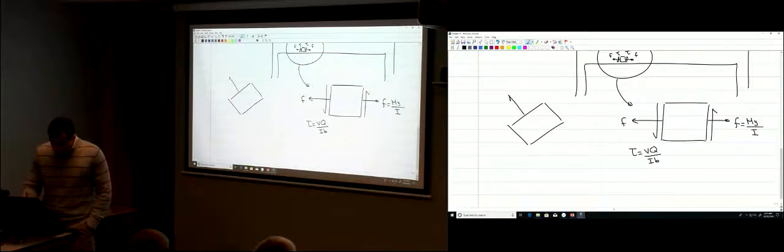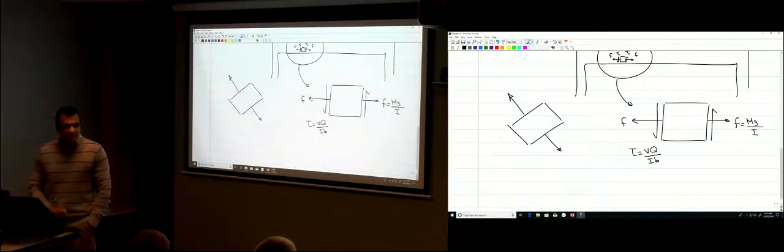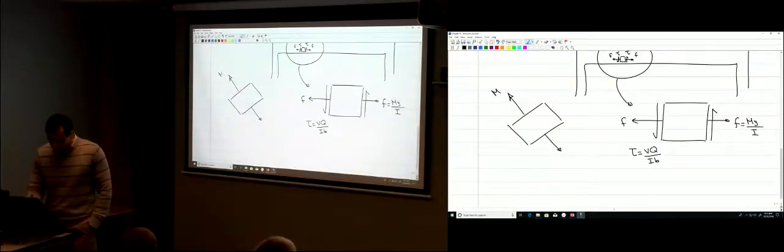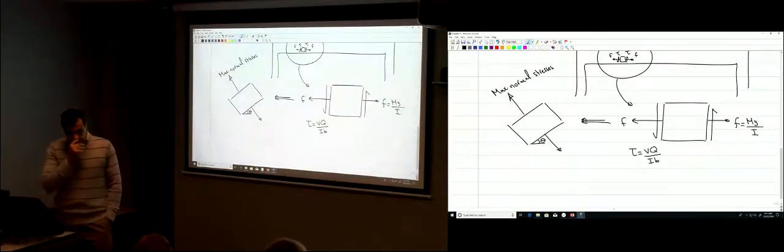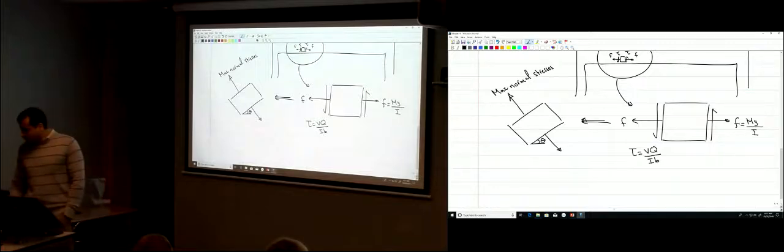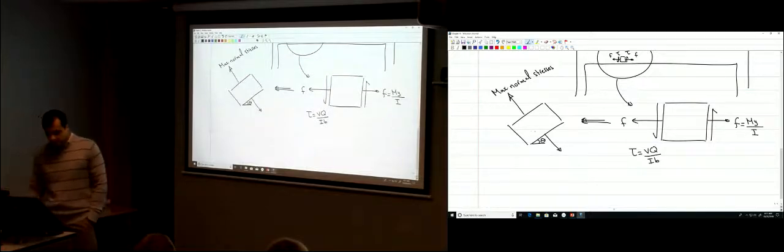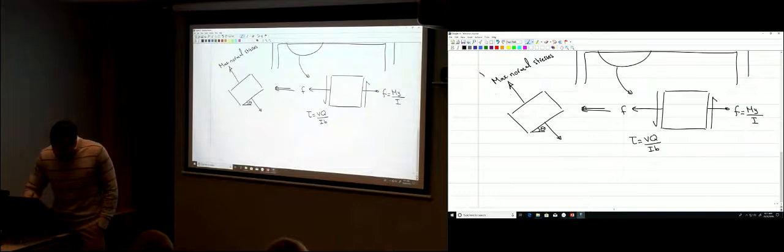So here you're going to have some normal stress. That's the maximum normal stress, and the shear force is going to be 0 here. So that's the maximum normal stresses at some angle theta here. How much is that maximum normal stress? The maximum normal stress is the principal stress.